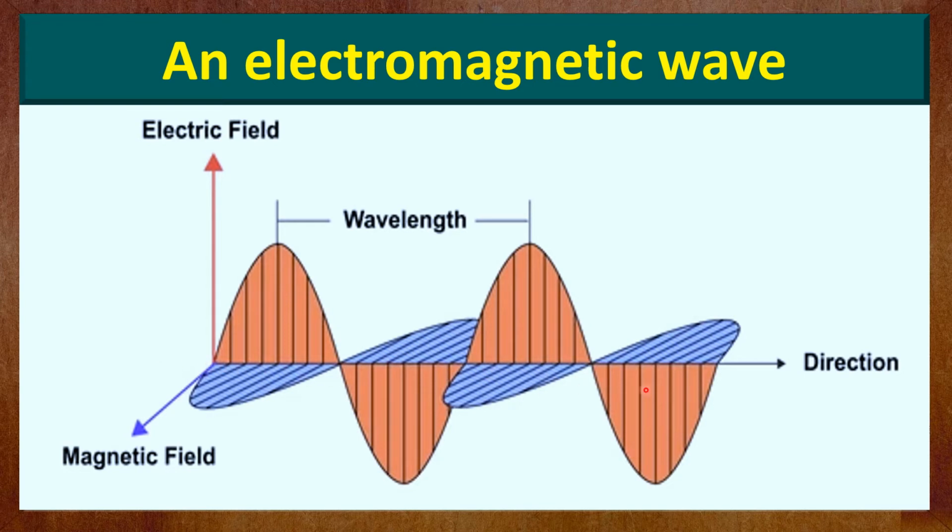The wave is moving like this, and both fields are vibrating perpendicular to themselves and perpendicular to the direction of the wave, and the distance between the two consecutive crests, these peaks are crests, these lower ends are called troughs.